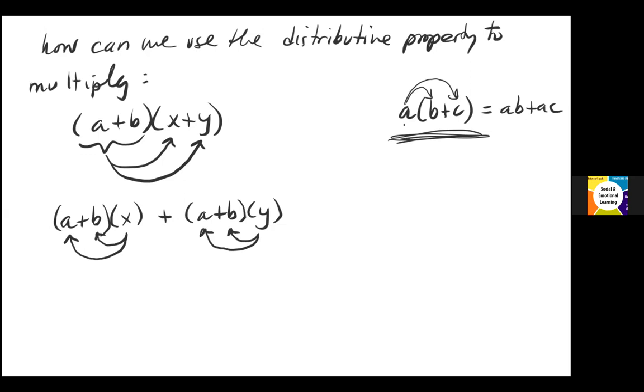What would I write as my final line here if I distribute the X in? What would the final line be once the X and the Y are distributed in?